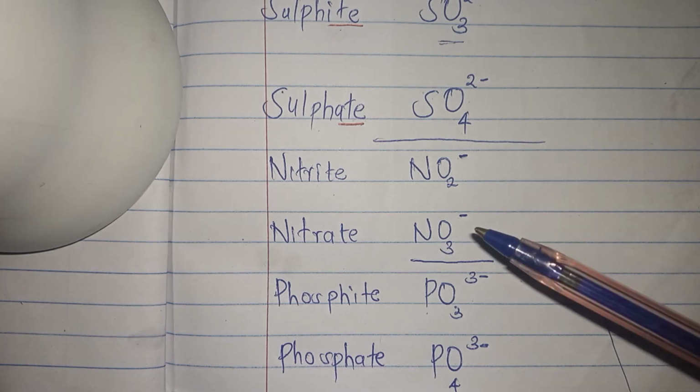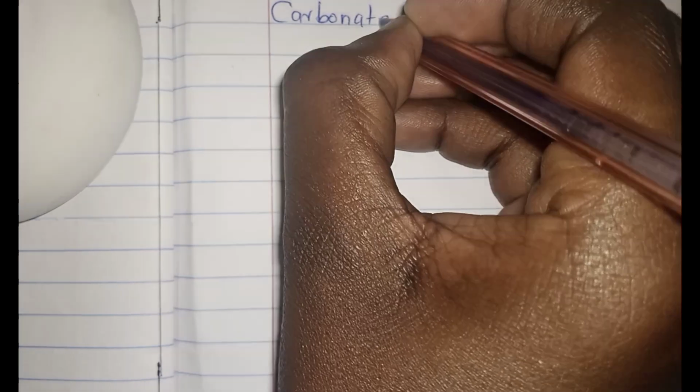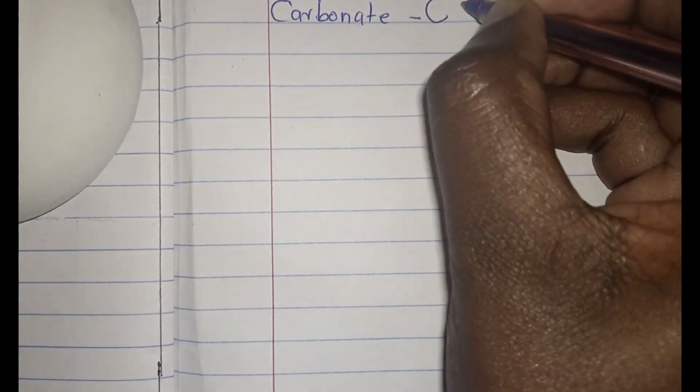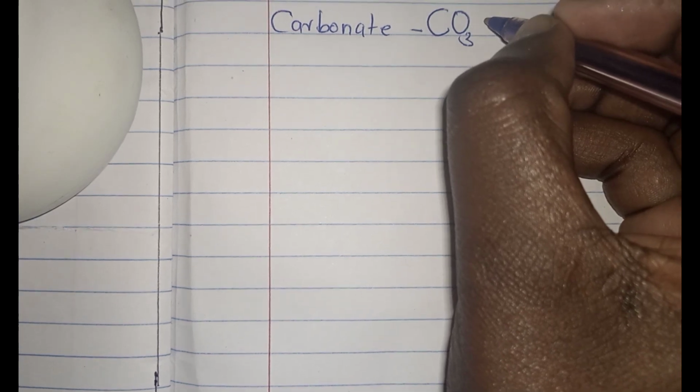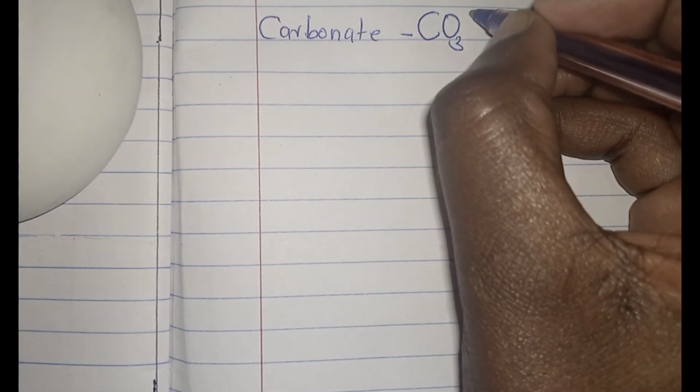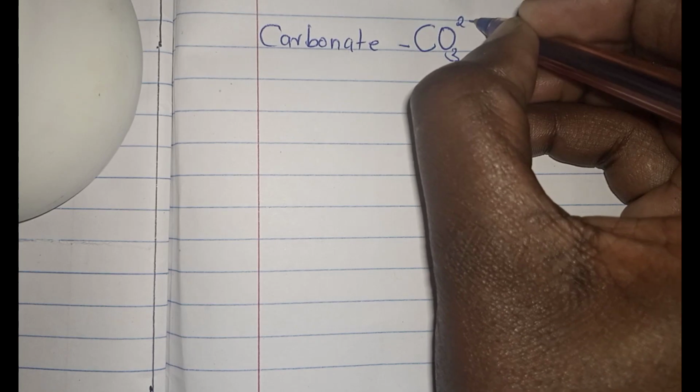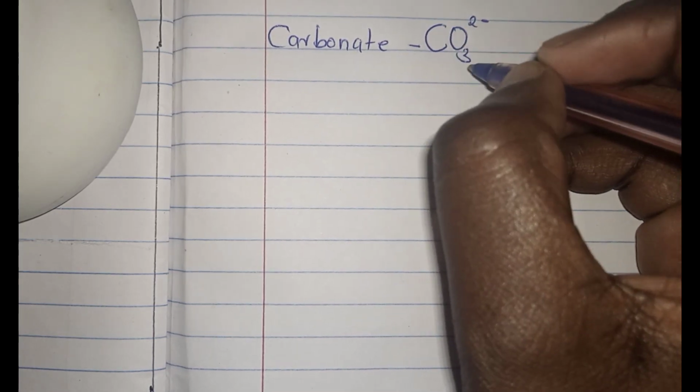So let's check carbonates. Carbonates are also radicals, and carbonate is written with a -2 charge. Remember, the charge is for the overall radical.